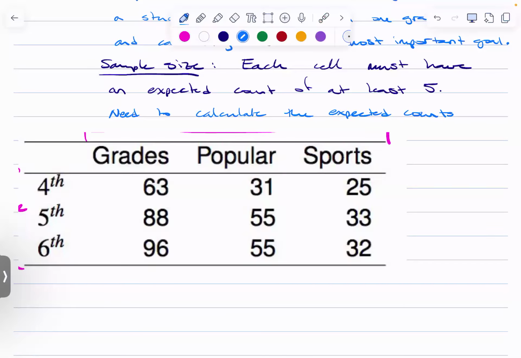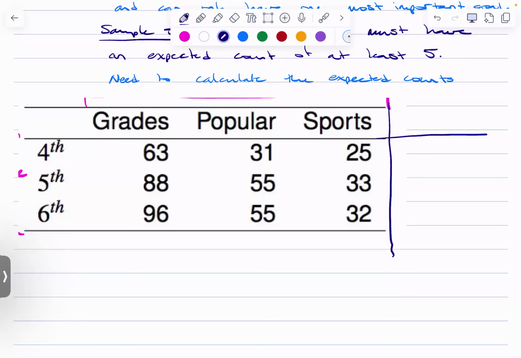So what do we need in order to do this? Well, the expected count for each cell is the row total times the column total divided by the grand total, which means I need all those totals.